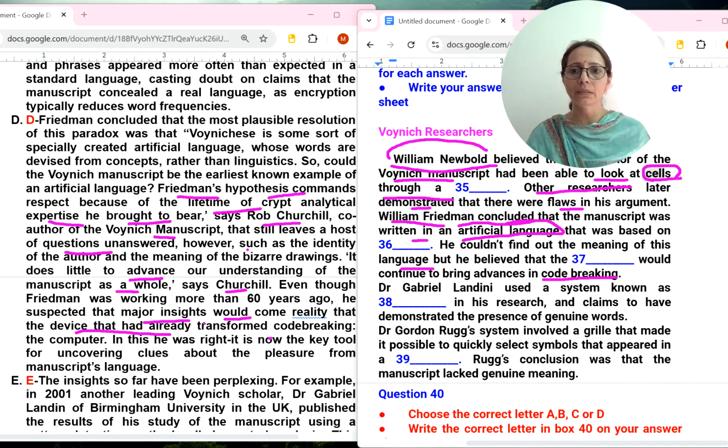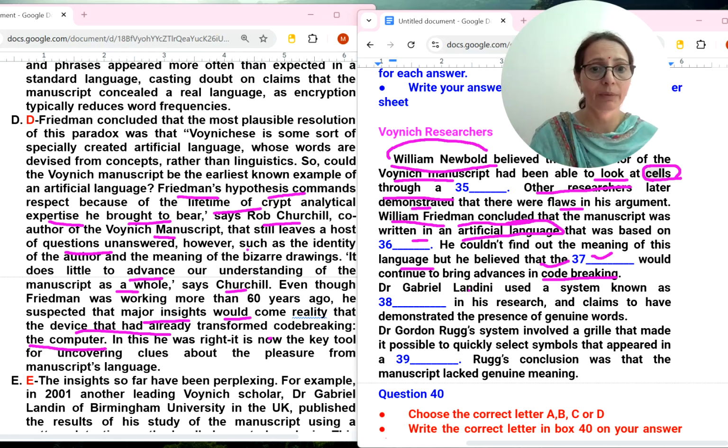If you write this answer, then it will be wrong. Here, when they are finishing the sentence, the word computer is there. Of course, definitely everyone knows code kind of thing is in computer. So for the 37th, we will write computer here. The is already written, so the will not come, only computer will come.